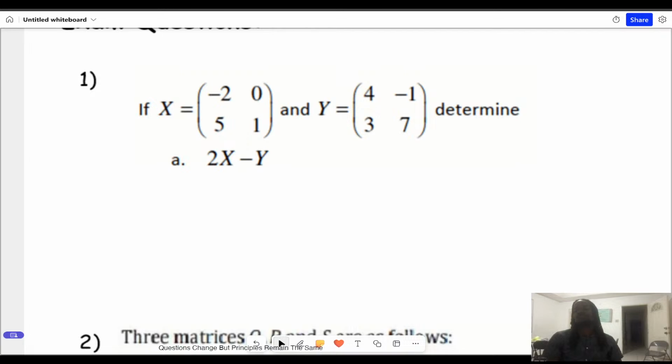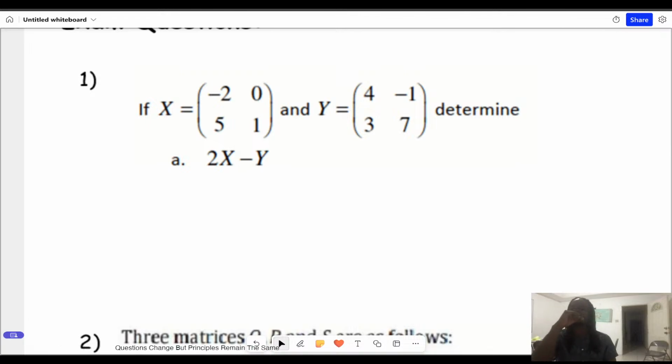Remember one thing, people, and this is my motto in math. Questions will change, but the principles will always remain the same. I always repeat that over and over again, because that is just exactly how mathematics goes.